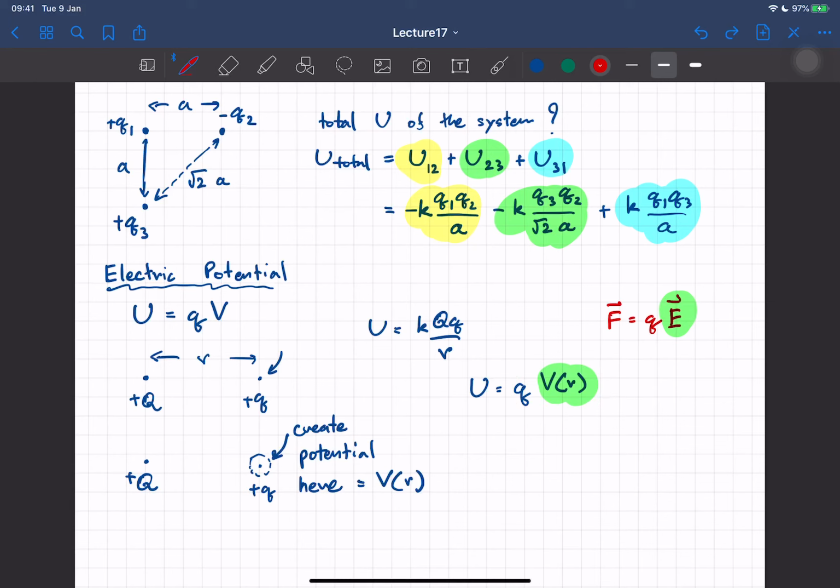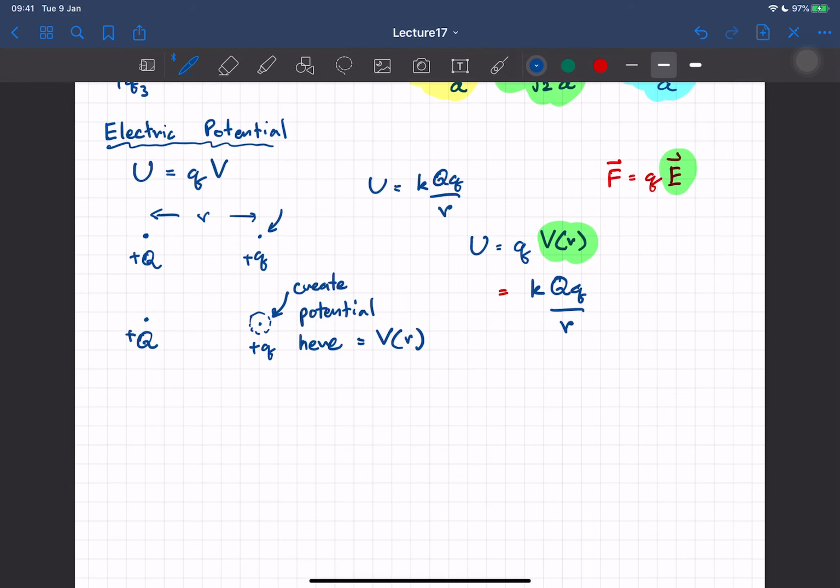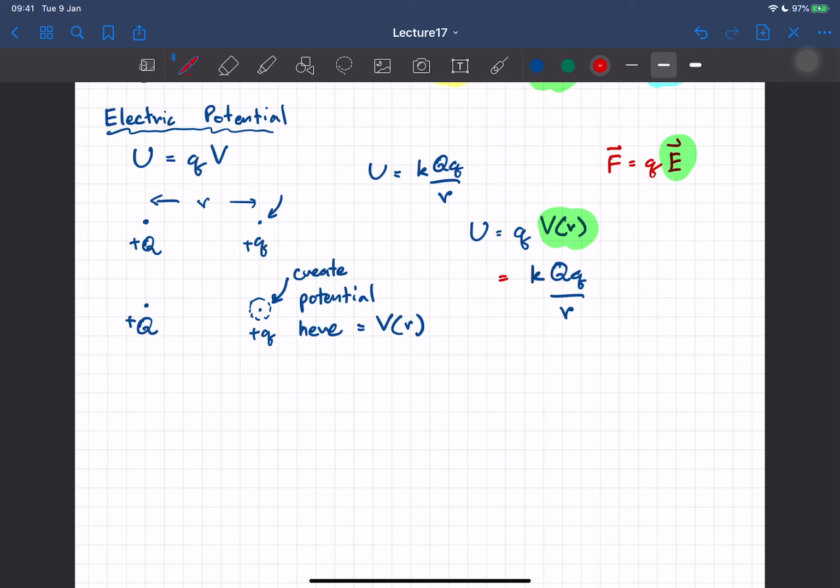which has to equal the potential energy that we calculated earlier. So this must be equal to KQq divided by R. And that's possible if we have the potential V equal to KQ divided by R. Another important result here.